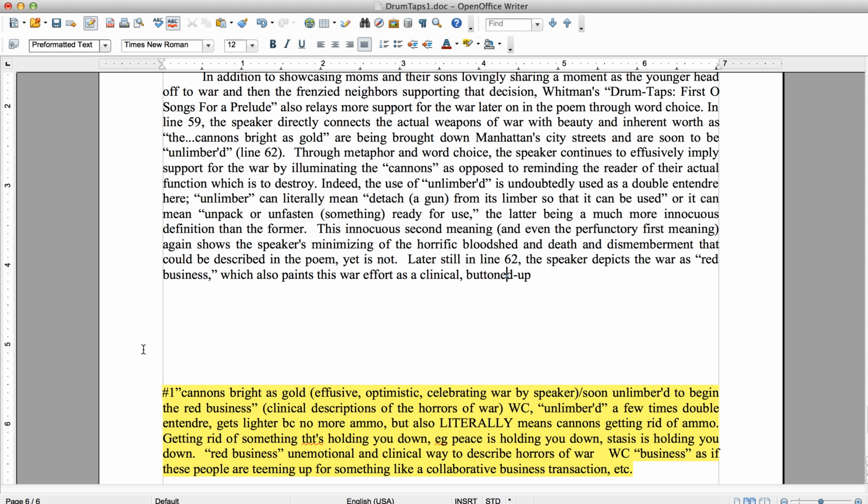So let's put clinical and buttoned up. That could be considered a cliche, but I think it's all right. So we might change it. Okay, so as a clinical and buttoned up, in a clinical and buttoned up manner.